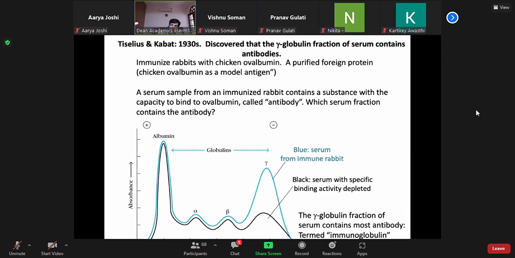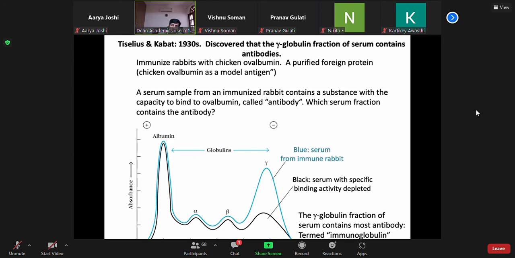So you have your antigen, and you add it into this immune serum that you collected from rabbits, which were initially injected with this proteinaceous antigen. Whatever binds to the antigen will become heavier, and once it becomes heavier, it will tend to settle at the bottom.